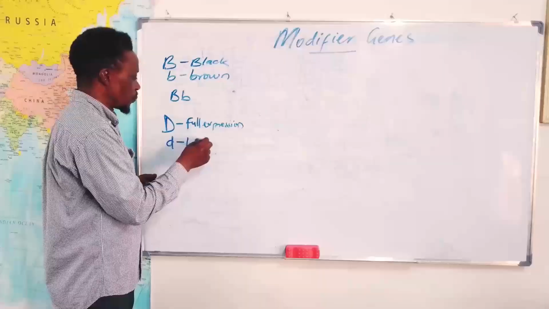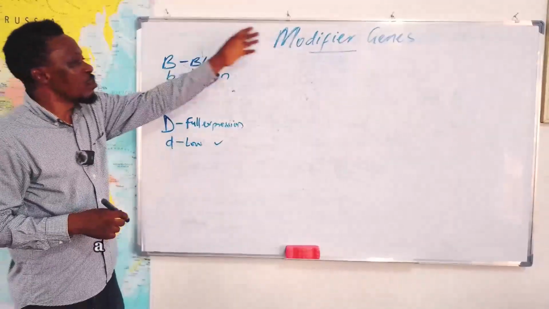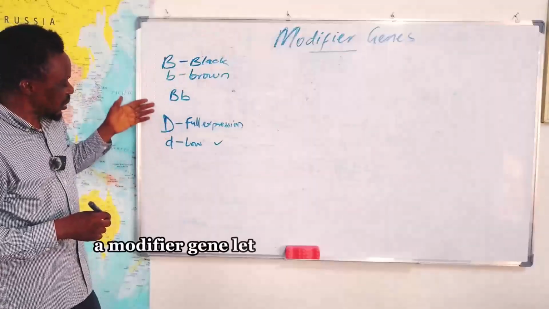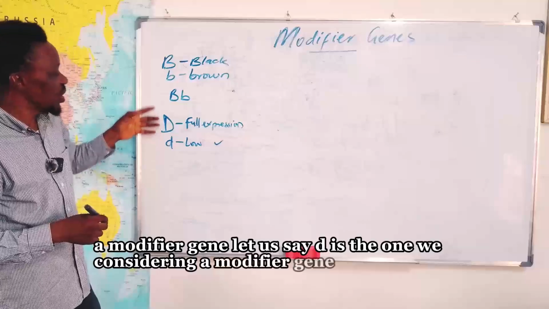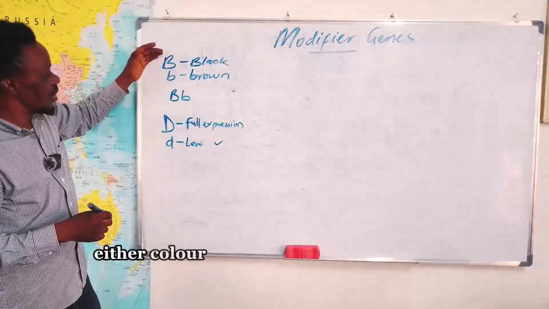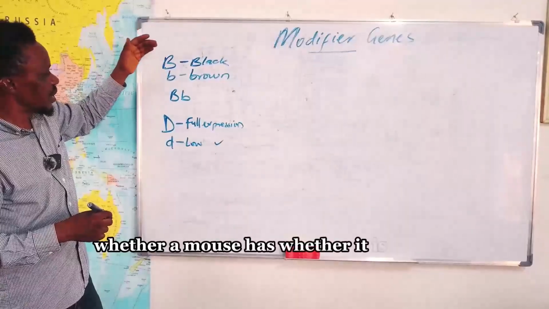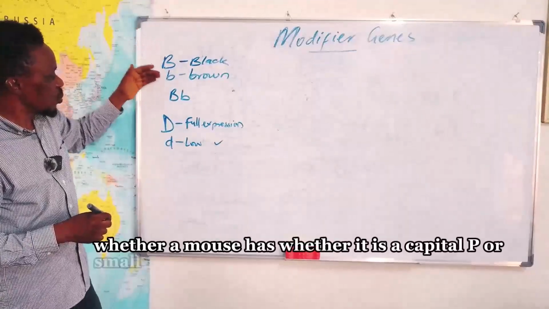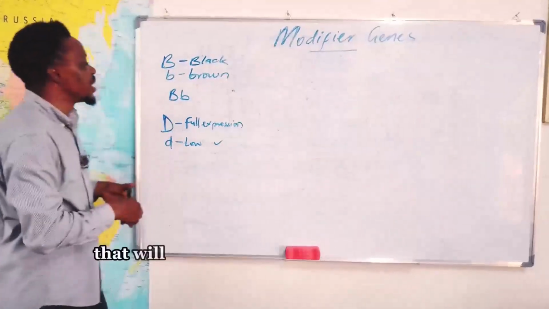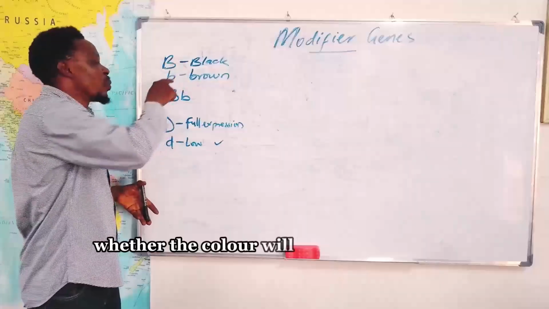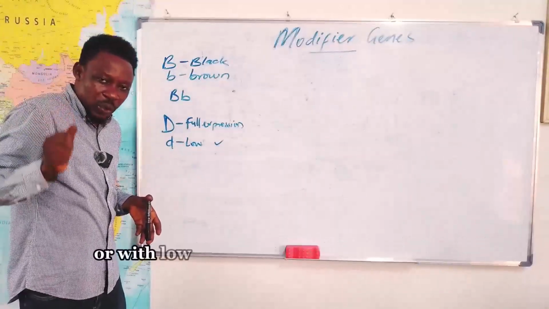So in other words, let's just say D is the modifier gene we're considering. Whatever color the mouse has, whether it is a capital B or small b, it is this modifier gene that will determine whether the color will be expressed with full intensity or with low intensity.